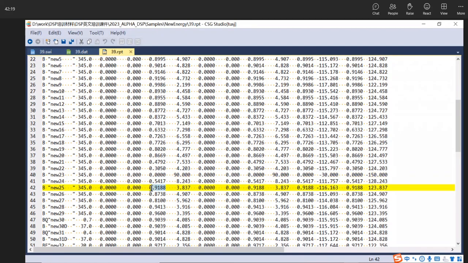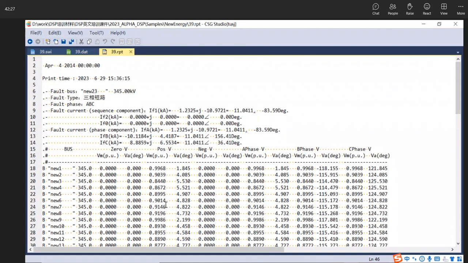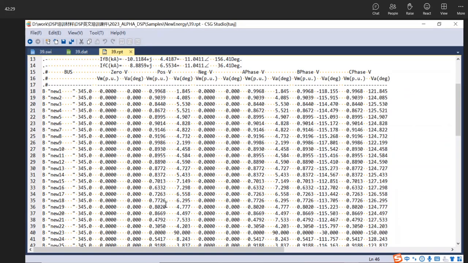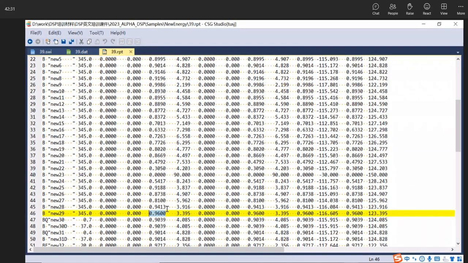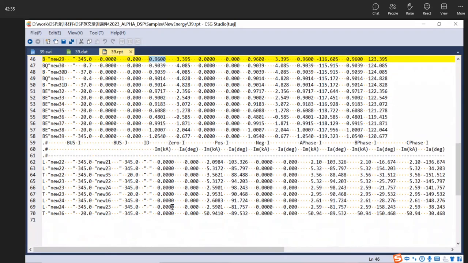For the other, for example, the new 29, because it's way too far from the new 23, the voltage is just affected a little. And it can calculate the current flowing through the branch, also called branch current.